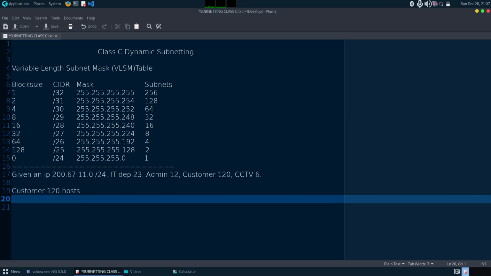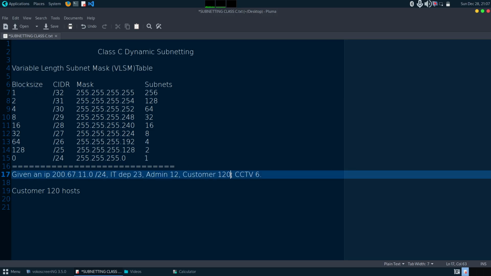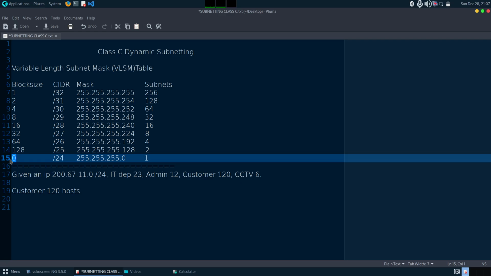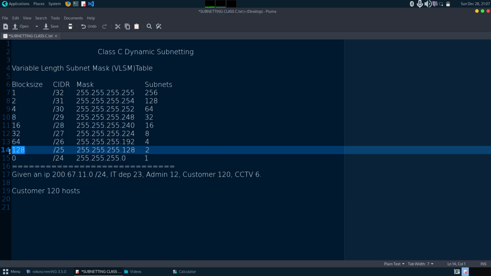You have to pick a block size where 120 can go once and leave a remainder. Yes, 256 can hold it and leave a remainder, but that would be wastage again. So we'll go with 128. At least 120 can go into 128.